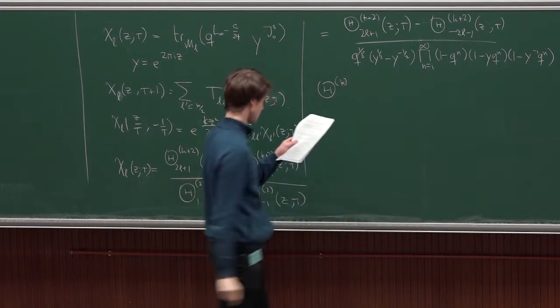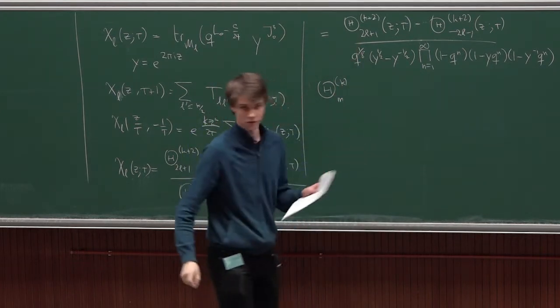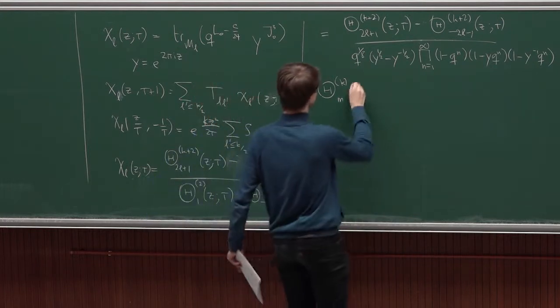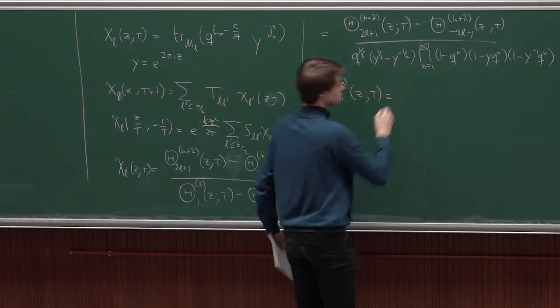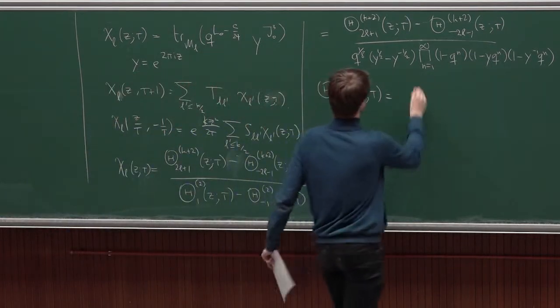So here the theta k. Attention, here's k, there's k plus 2, which is a bit annoying if you want to put it on the computer. Pay attention. But this you can just put on the computer and see what it is. It's a nice thing to play around.